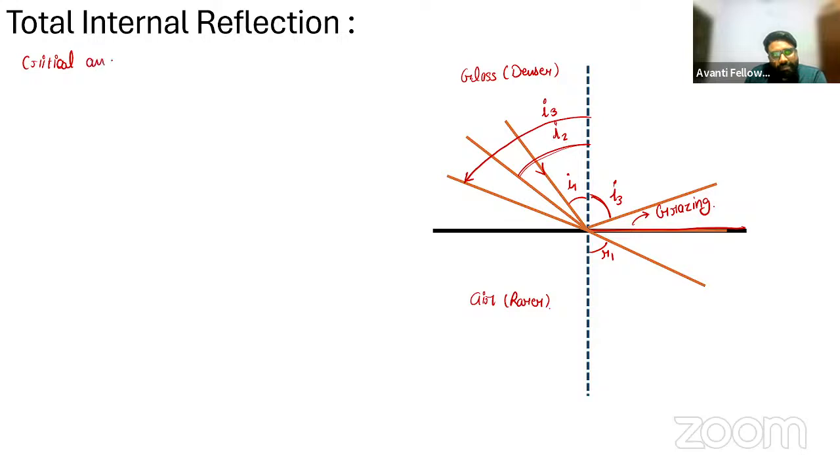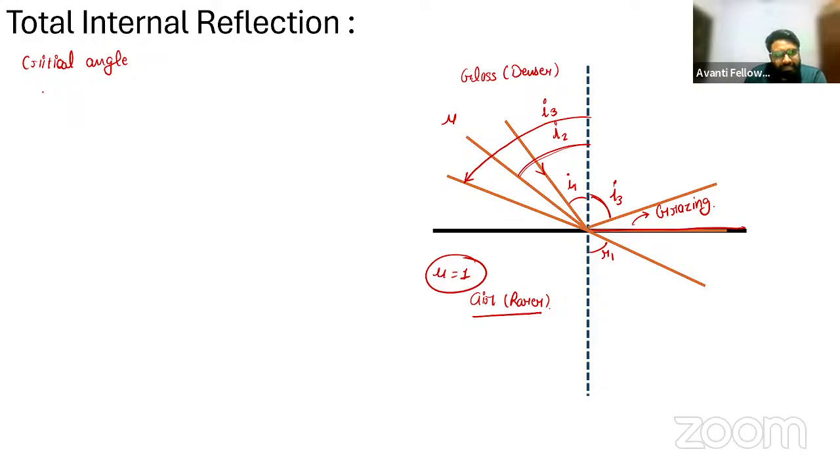So the critical angle is i2. Let's say the refractive index of glass is mu, and if we have air as the other medium, the refractive index of air is 1.